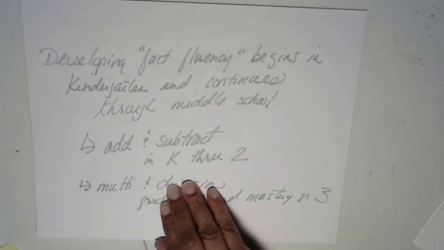So if you have a fourth or fifth grader who doesn't have fact fluency, that means the ability to give an answer to a basic multiplication problem in 3 seconds. This is a great chapter because it's actually going to talk about some things that you can do that are effective strategies.